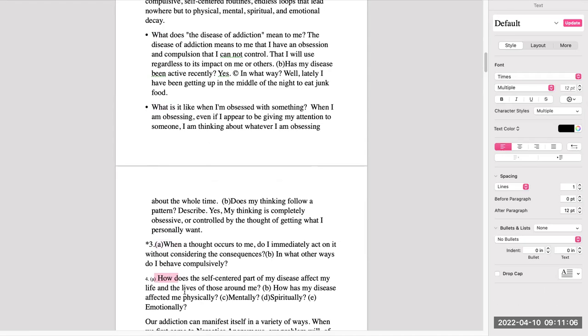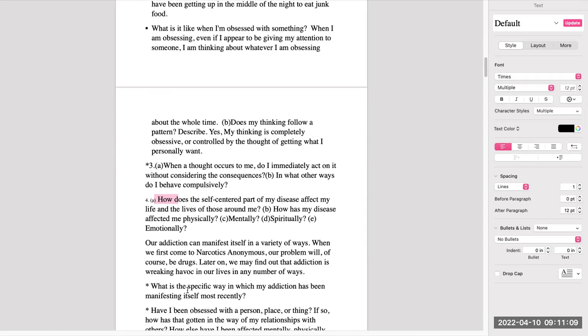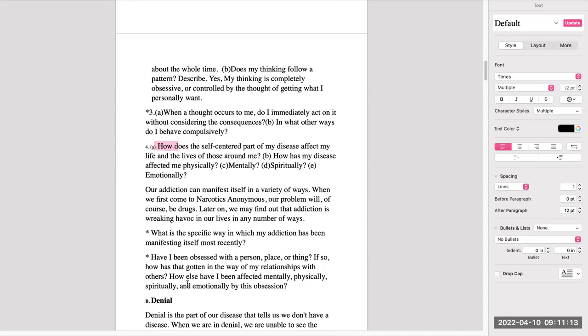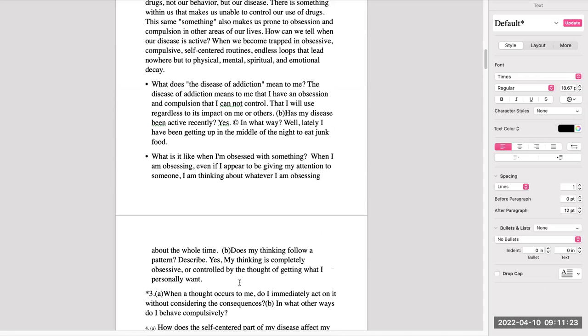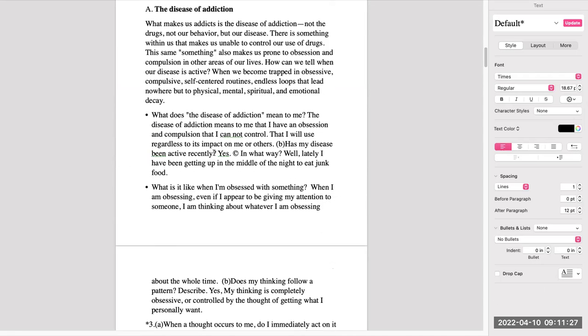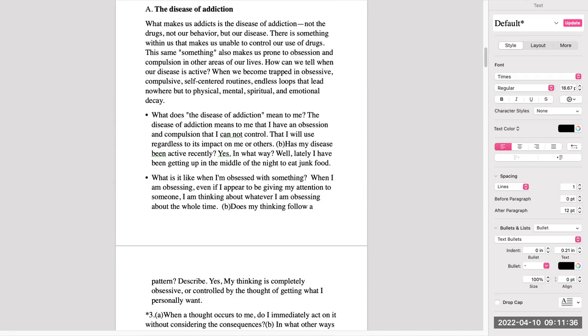So under this first section there are at least 4 bullets, and then there's even more. So that's 4, this is 5, this is 6. There are several sections, and within each section you will find several questions.